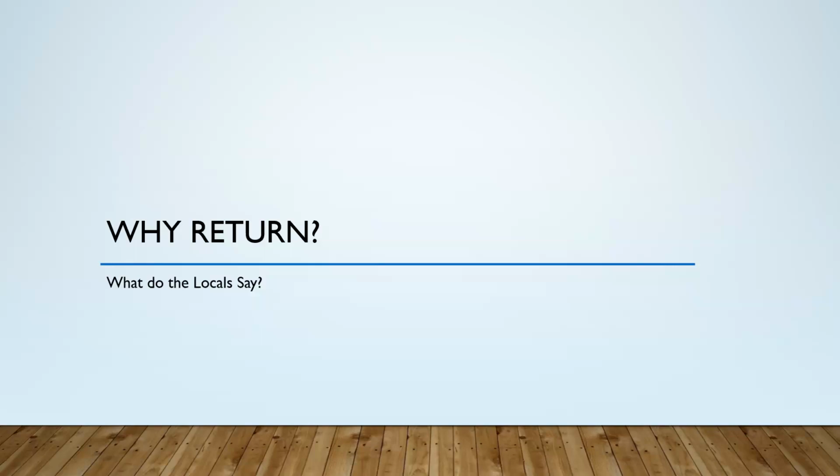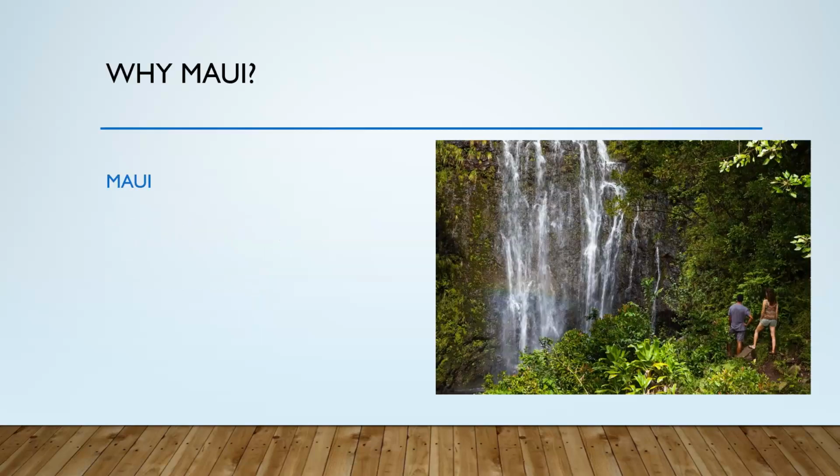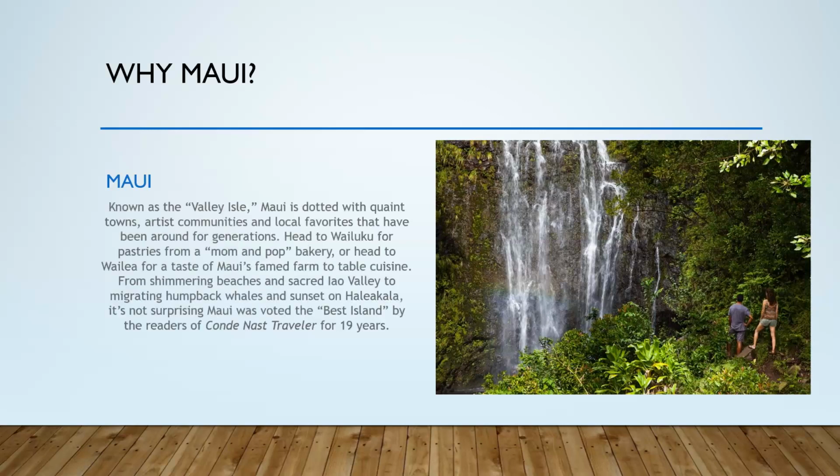So you might wonder, out of all the Hawaii Islands, why am I going to send my people to Maui? Well, Maui is known as the Valley Isle. It is dotted with quaint towns, lots of artistic communities, and local favorites that have been around for generations.